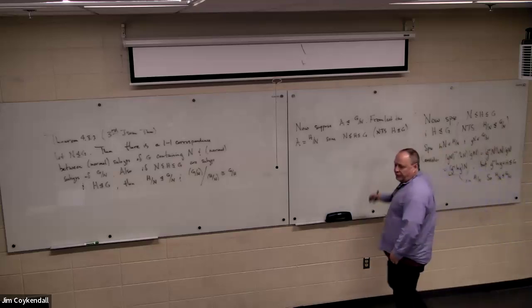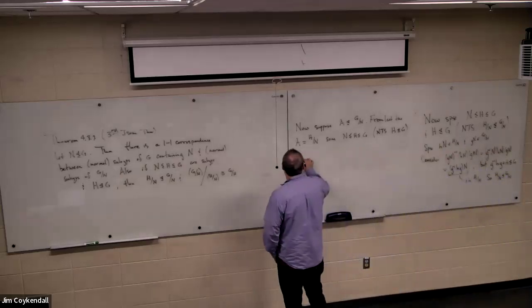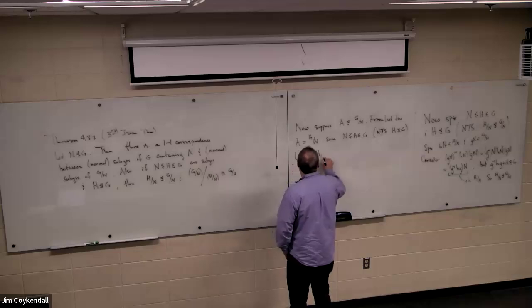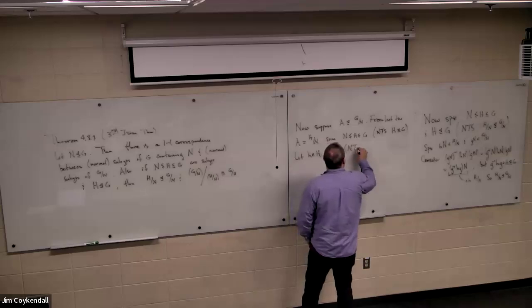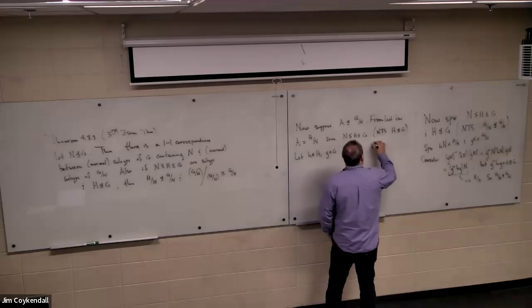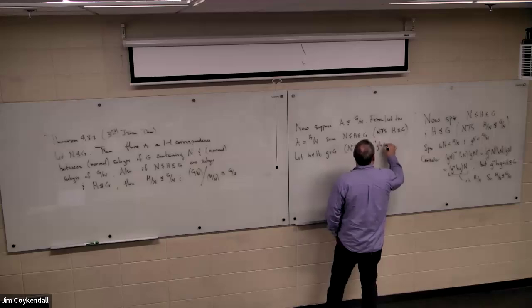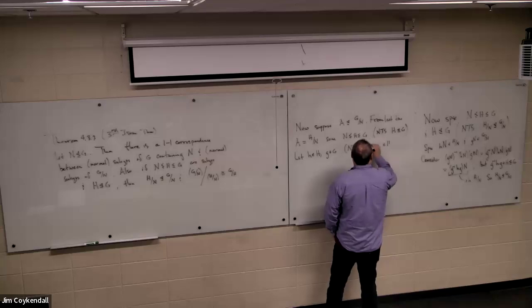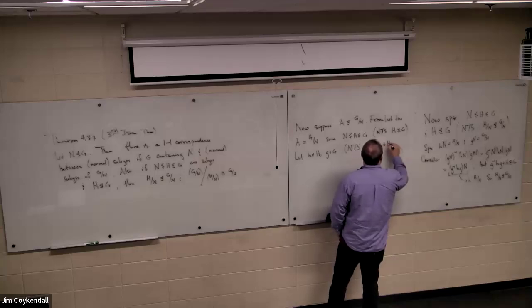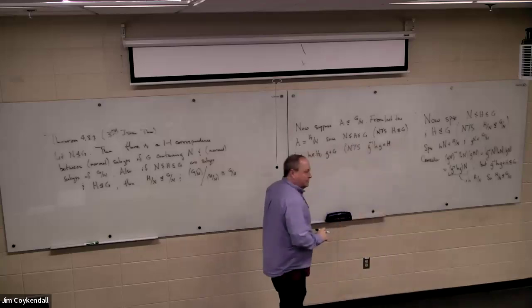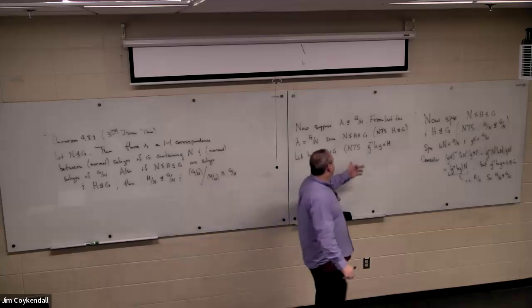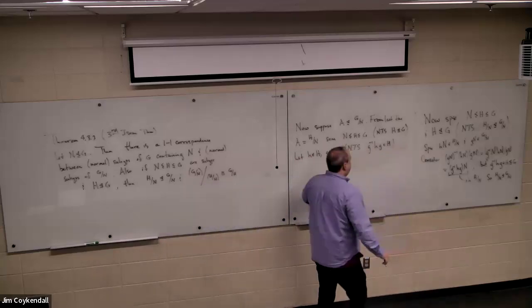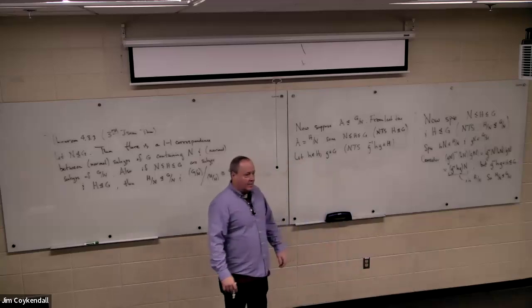Well, I want to show that H is normal in G, so let h be in H and g be in G. And again, parenthetically, I'll write, we need to show that g inverse hg is actually still in H. All right. If I can show this, then that will show that H is normal. Everybody with me?